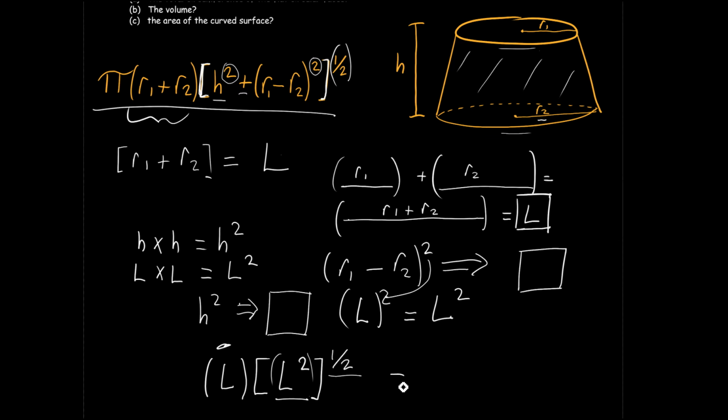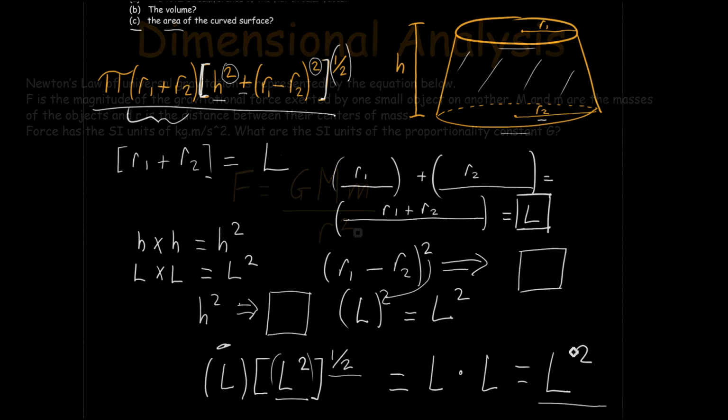And this results in a length multiplied by a length, which equals a length squared. So our final answer is C up here, the area of the curved surface, because length squared is an area.